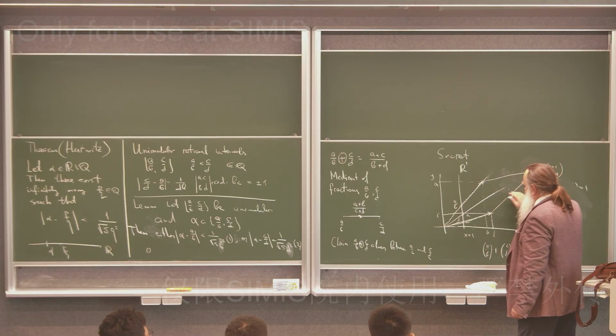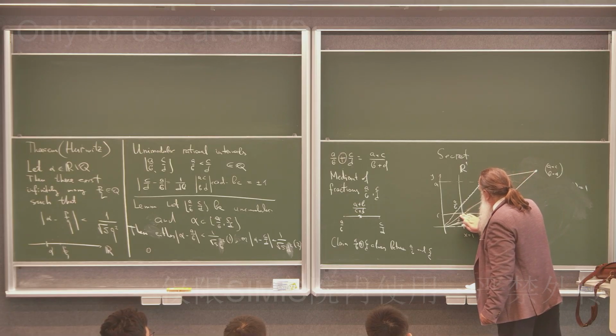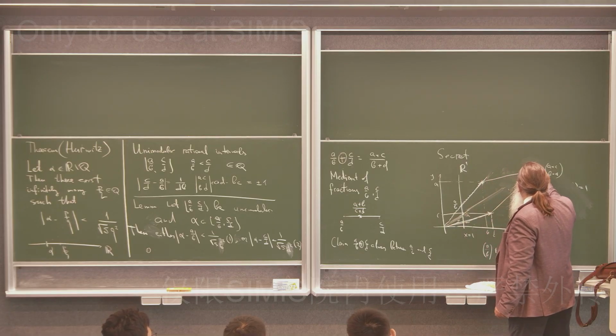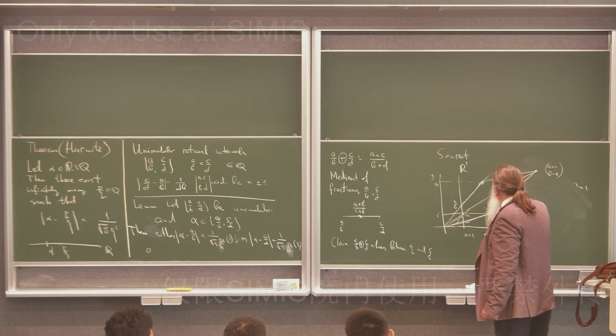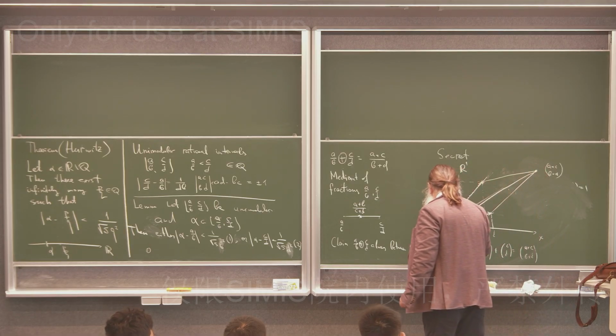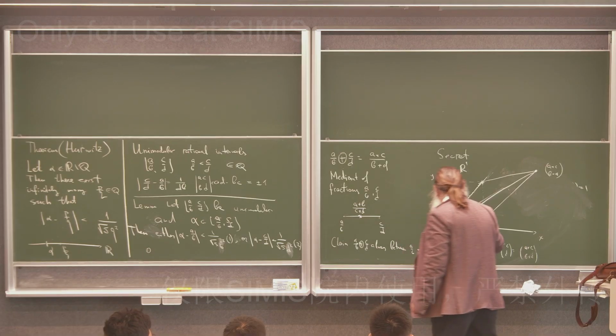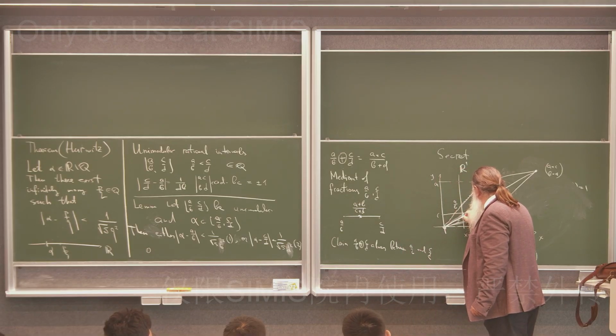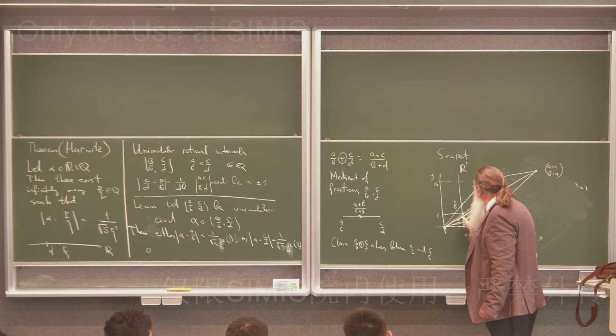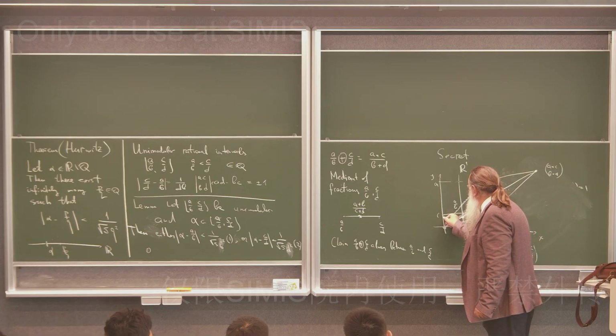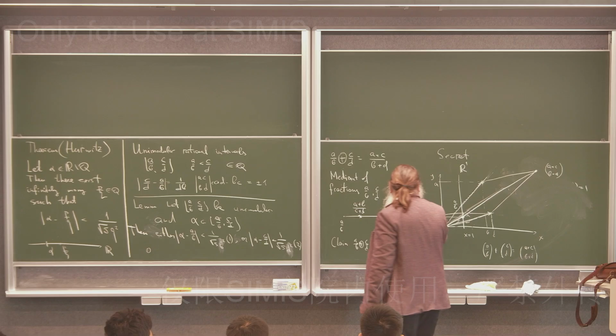And then we take this point, I do not draw here alpha. We take this point and we project it with respect to origin on this line. So the x coordinate will be 1. What is the y coordinate? Who understands?